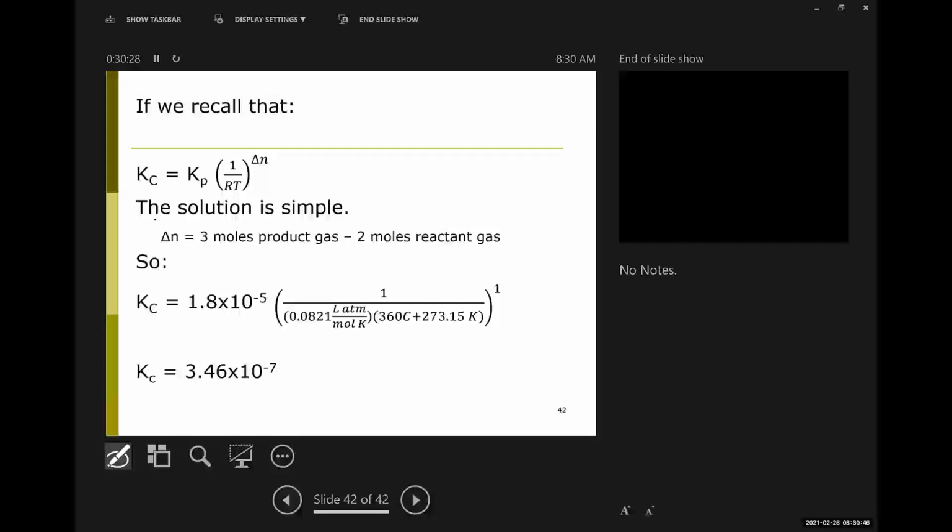As soon as I have aqueous species, there is only a Kc and technically a Keq. I cannot define what a Kp means for an aqueous reaction because solutions don't have pressure.